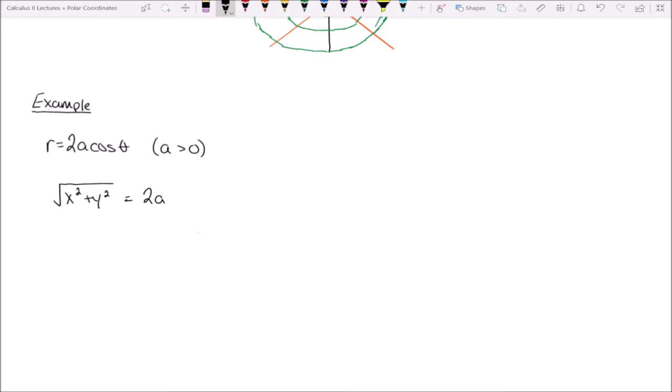Well, we know x is r times cosine of theta, right? That would mean that cosine of theta is x over r. But r was the square root of x squared plus y squared. So we get that cosine of theta is x over the square root of x squared plus y squared.